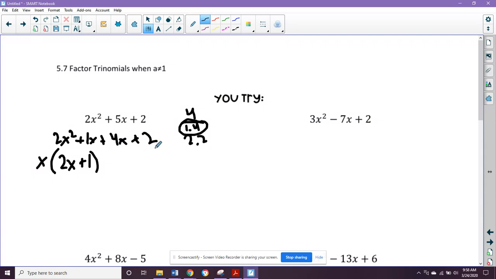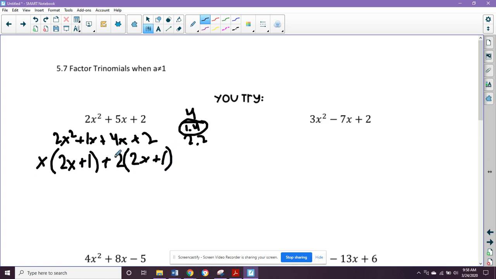Now let's look at the second 2 terms. What's the greatest common factor you can take out of here? That would be a 2. 2 can divide into both of those terms, and that's the largest number that can divide. So if we factor out a 2, we're left with a 2x for the first term, and then a positive 1.